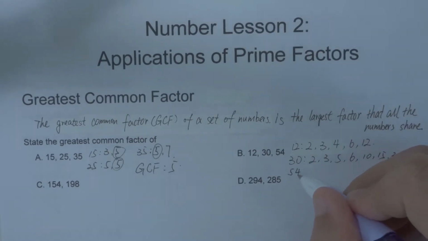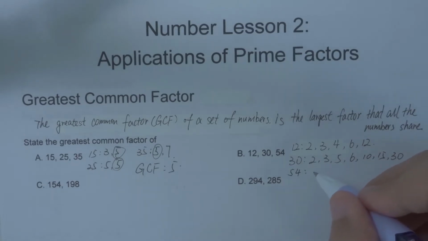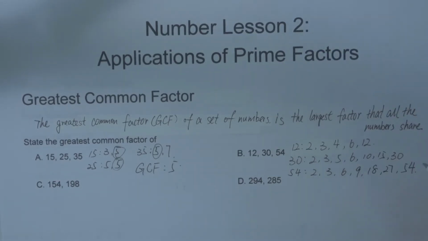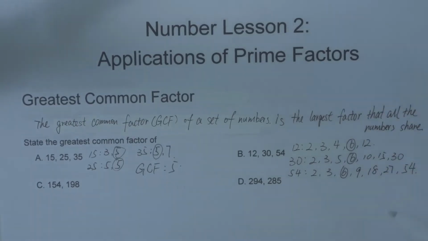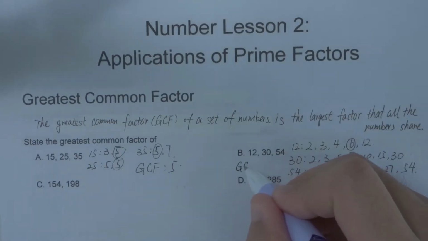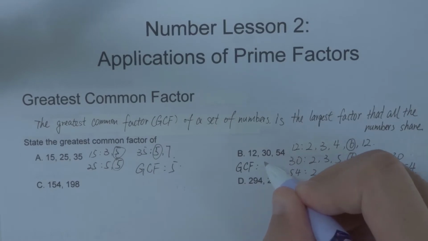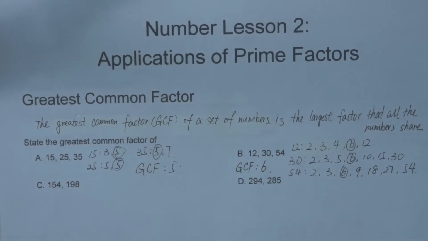And 54 is 2, 3, 6, 9, 18, 27, and 54. In this way, we can find that the greatest common factor is 6. So the GCF is 6.